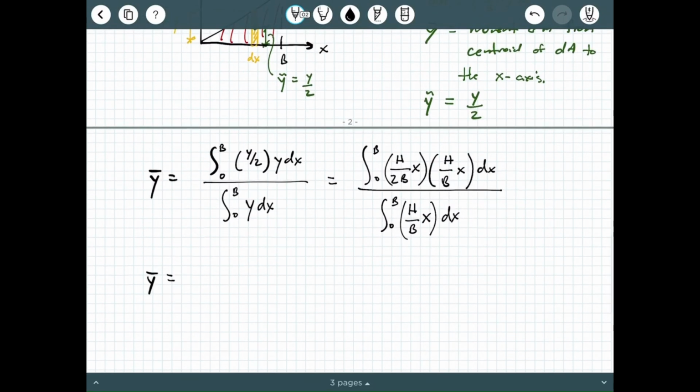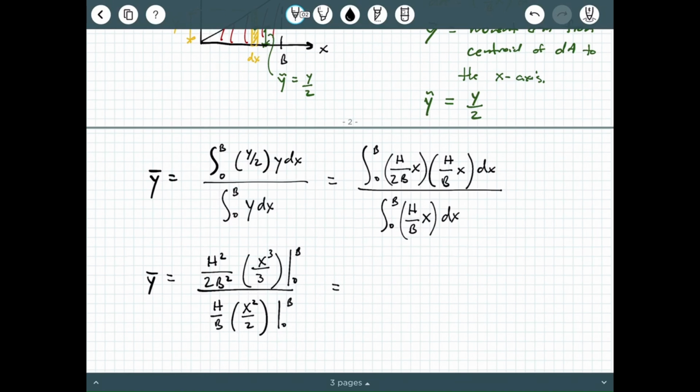Let's go ahead and punch this through. Y bar equals, and we've got a lot of constants here that we can gather up. So we would have h squared over 2b squared, and then x cubed over 3, evaluated from 0 to b. And then the denominator is h over b times x squared over 2, evaluated from 0 to b.